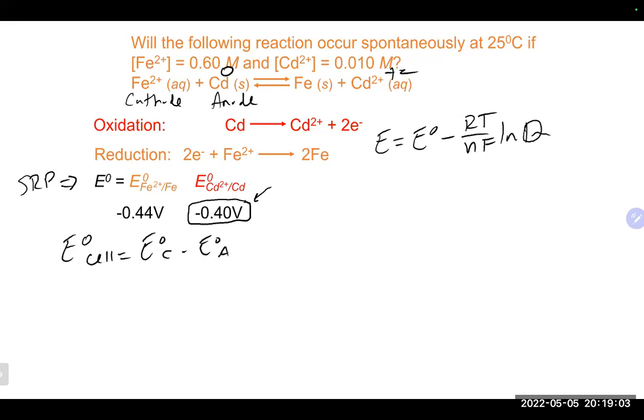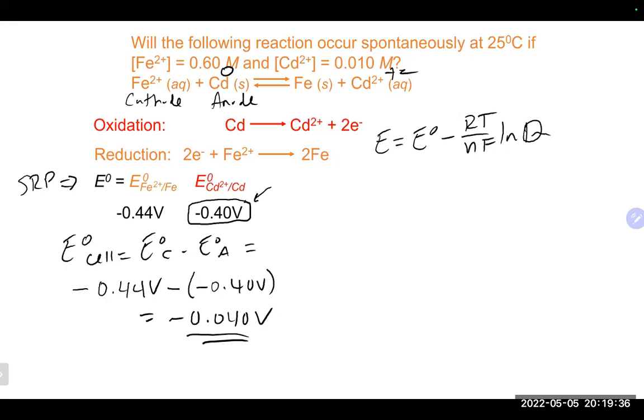By looking at the equation, we take our iron, which is minus 0.44 volts, minus, and I'm not going to change the sign because I'm subtracting here, a minus 0.40. That is going to get us negative 0.04 volts. So that would be the E° of the cell under standard conditions.